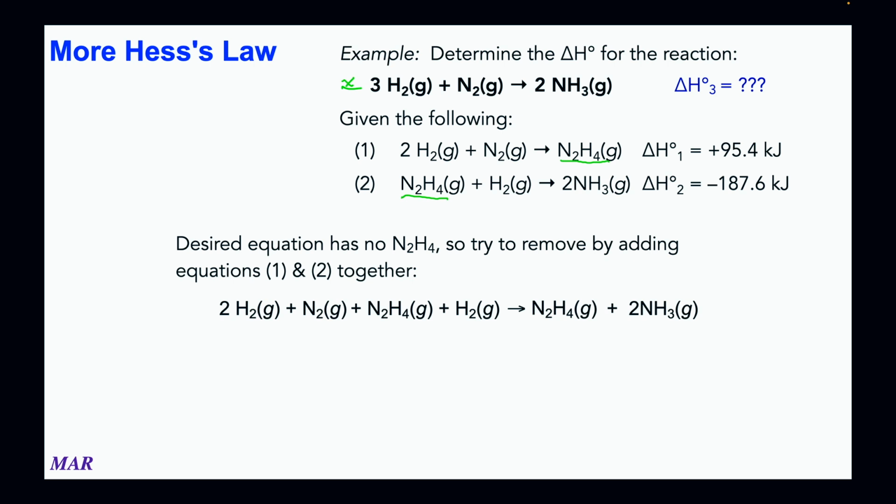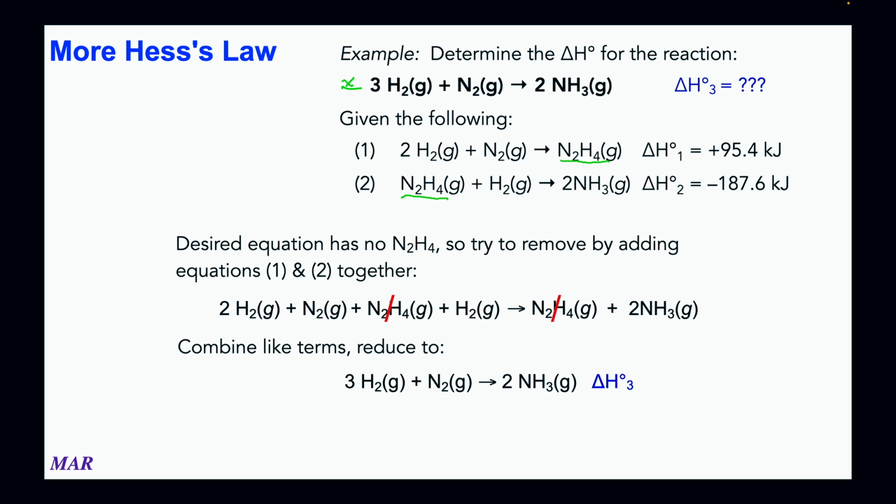And why this is kind of cool, people sometimes see this better, you've got N2H4 on both sides. So in math, if you had an x on both sides, you could subtract x to get rid of it. Chemists will just cancel out N2H4. And so the pieces that are left then, you've got 1 N2, but you have 2 plus 1, 3H2, and that's going to make 2 NH3. And that's really what delta H3 is going to be all about.